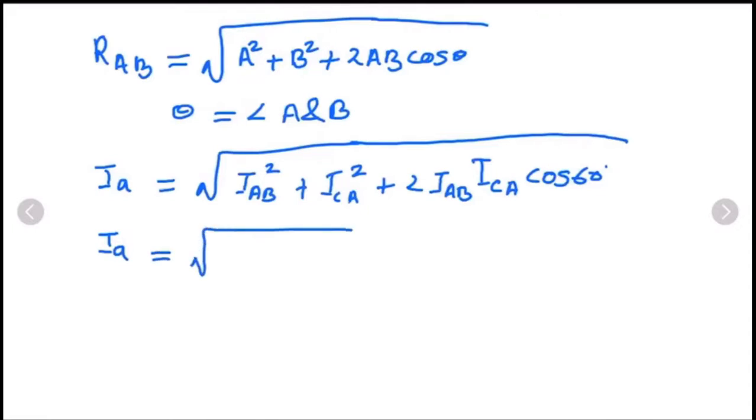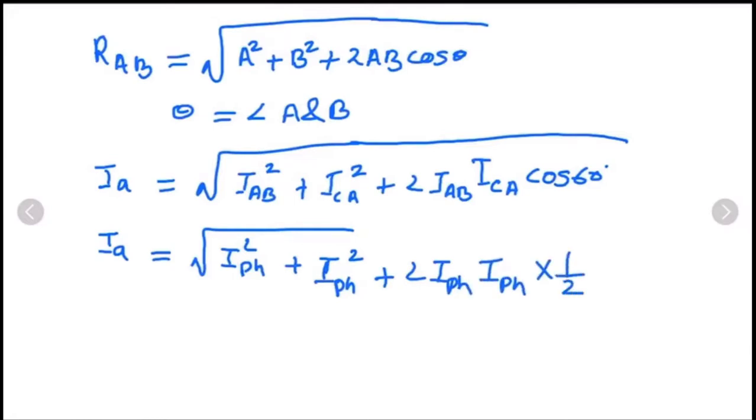So IAB is your phase current, ICA is your phase current, and cos 60 is nothing but 1/2, and IA can be written as IL.